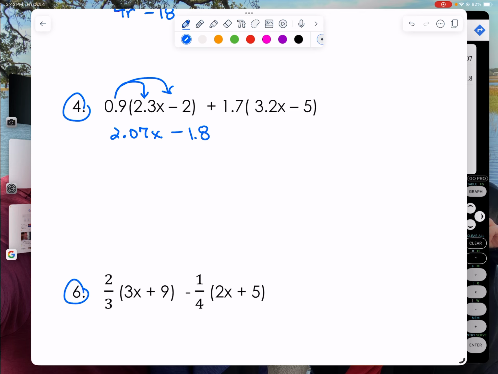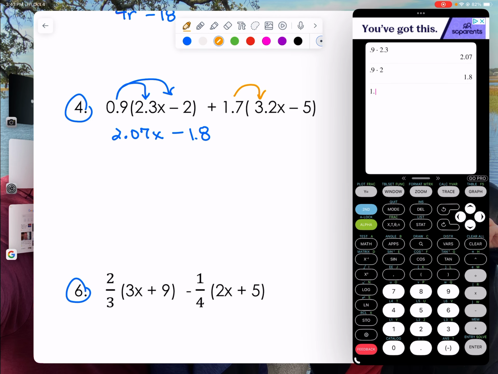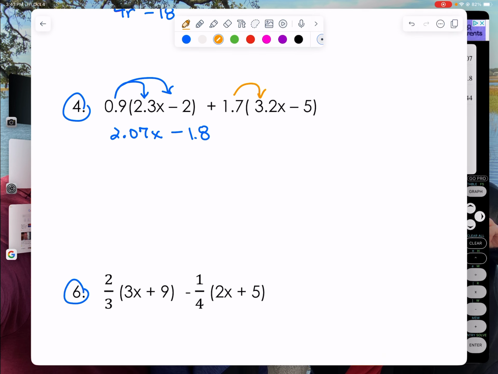And then the next portion said I'm going to have 1.7 times 3.2x minus 5. So I'm just going to distribute my 1.7 and multiply it by 3.2. 1.7 times 3.2 will give me 5.44, so I'll have a plus 5.44x.